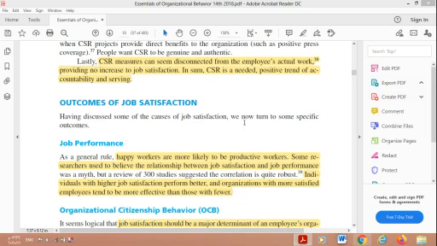So let's start to ask the first question: what are the main outcomes of job satisfaction? First of all, the job performance. As we said before, there is no direct relationship between satisfaction and the job performance, but there is a relationship between satisfaction and the productivity.